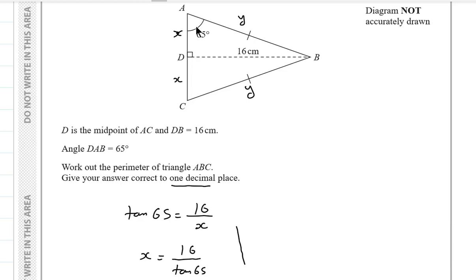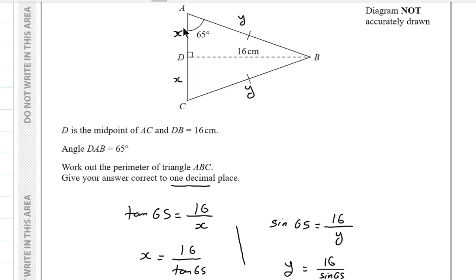Also, we can do something similar to get y, but using what now? We need the trigonometric ratio which connects the opposite with the hypotenuse, which is sine. Sine 65 is equal to the opposite, 16, divided by the hypotenuse, y. Switching, y equals 16 divided by sine 65.